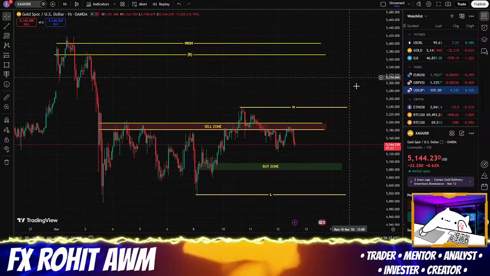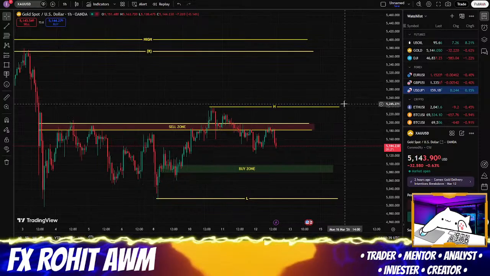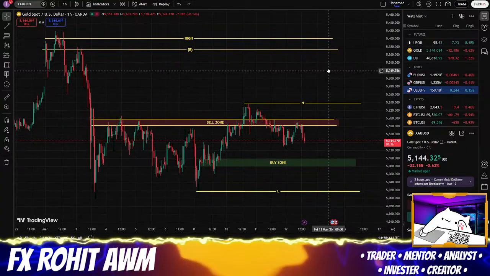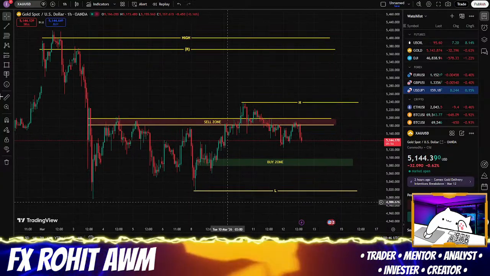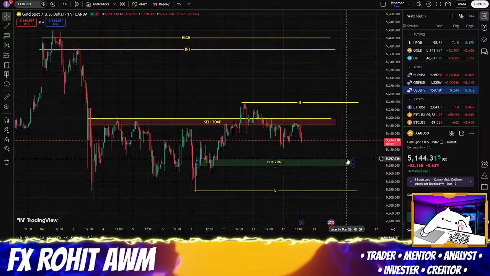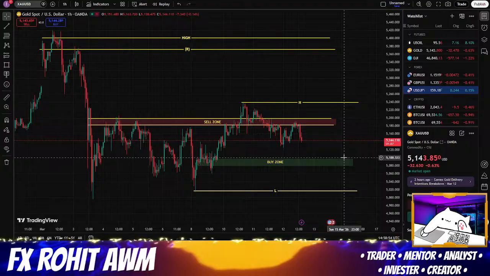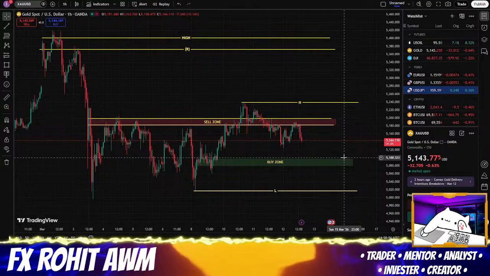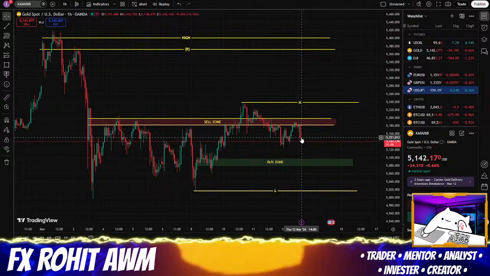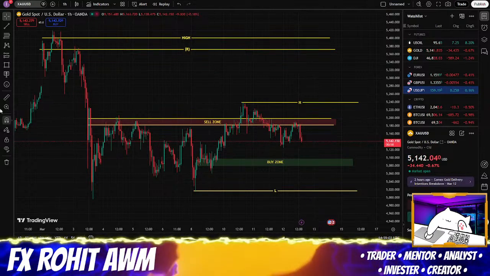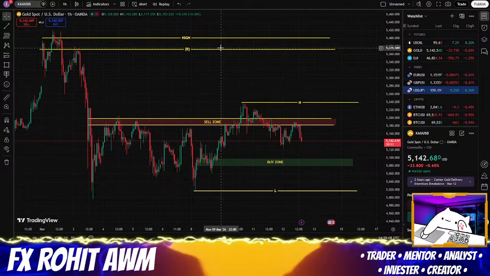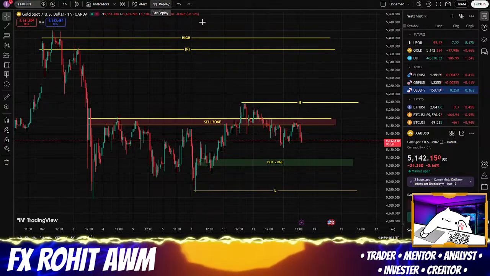Okay. So this is the gold current situation. I only trade on the 51K breakout zone. Okay. After the market resets another level.